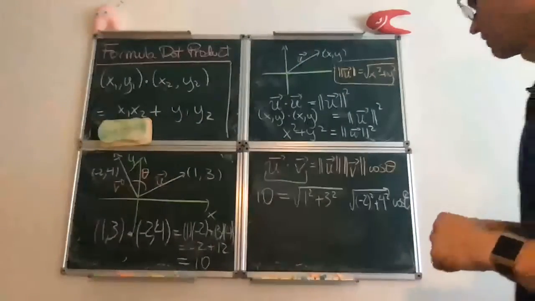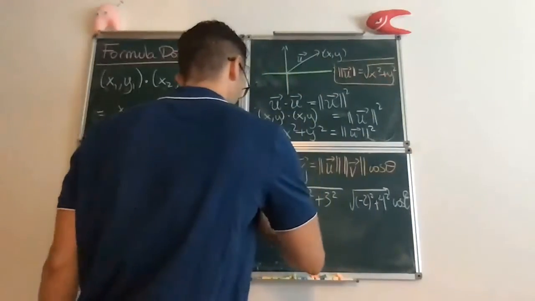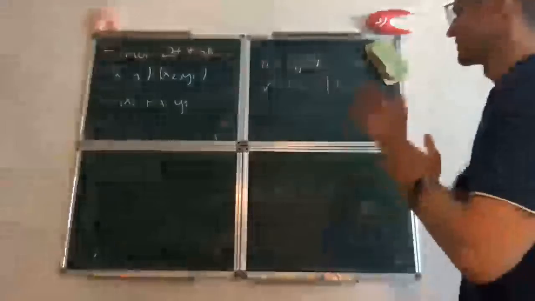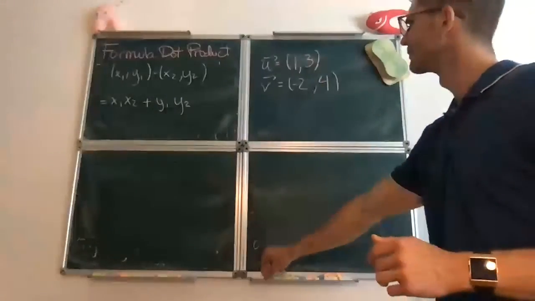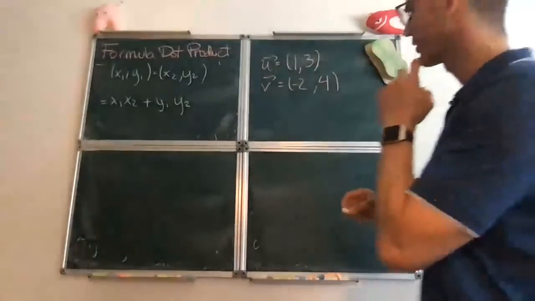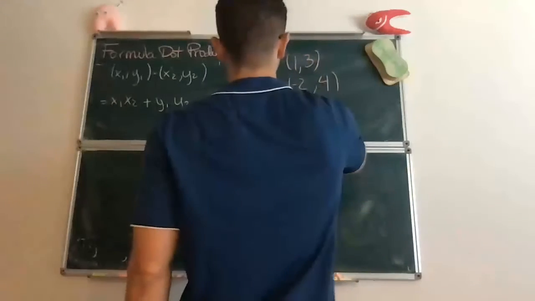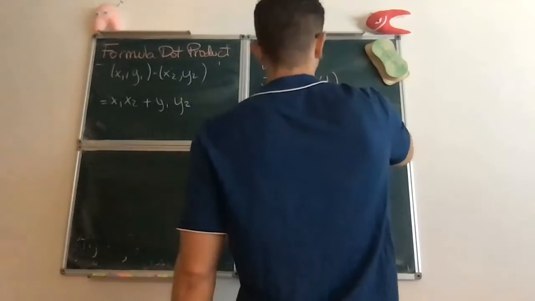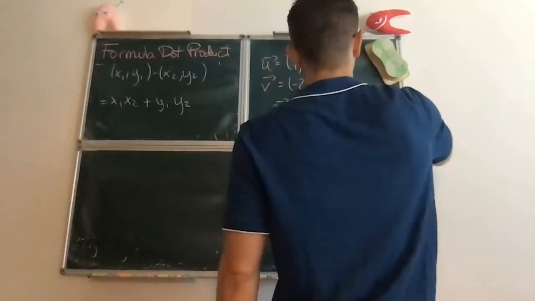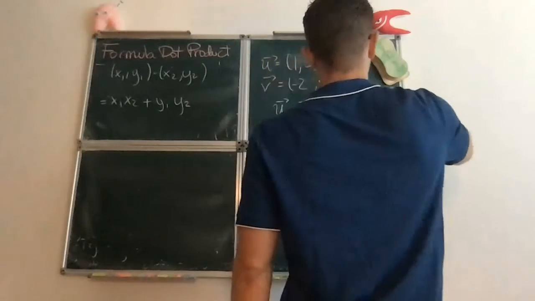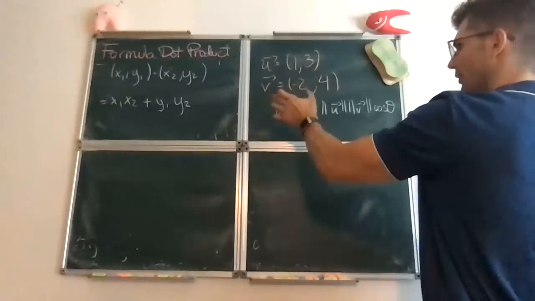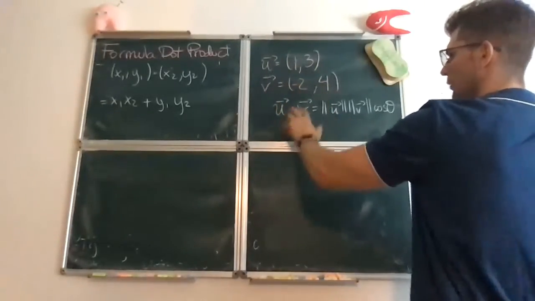Sorry, another technical glitch. I was just saying that if you use the formula for the dot product, we have u dot v equals the norm of u times the norm of v times the cosine of the angle. We found before that this quantity was 10.